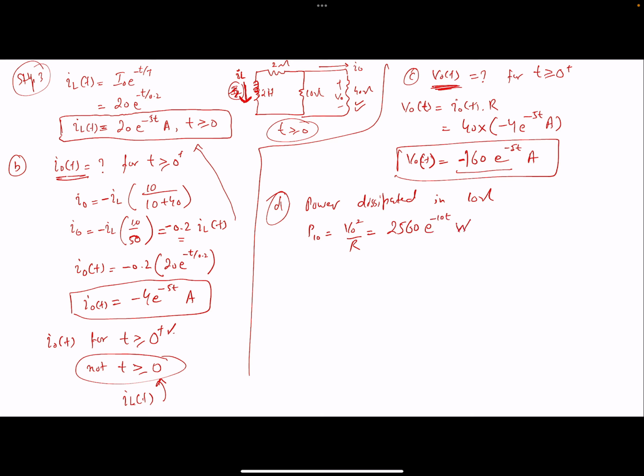The resistor is 10 ohms, so this is divided by 10: 2560 e raised to power minus 10t watts. This is the amount of power that was dissipated in the 10 ohms resistor.